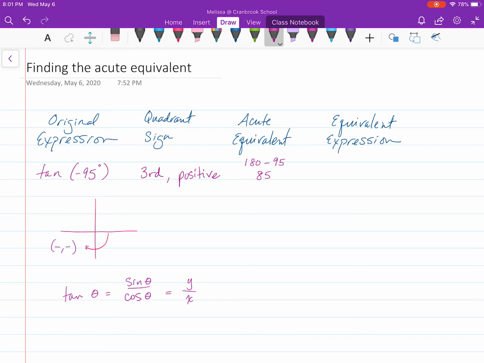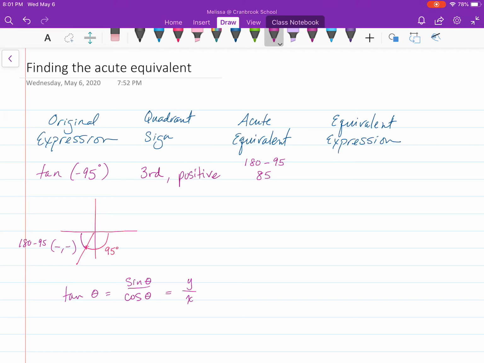So that's essentially, if we think about what I've drawn, obviously not an accurate drawing, but this is 95 degrees, so the acute equivalent that you just calculated was this. So hence why that's 180 minus 95 to give you this acute equivalent.